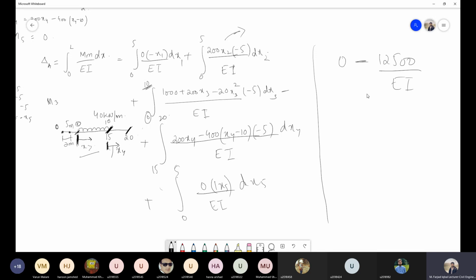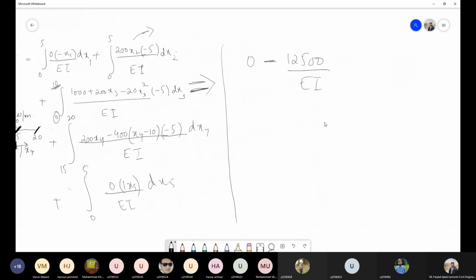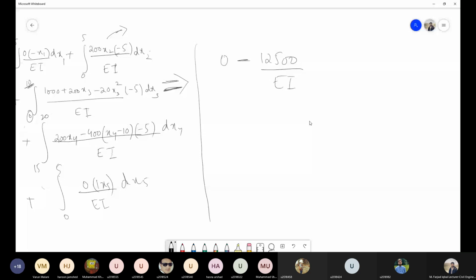What will be this one? Negative 66.7 exponent 3 over EI.